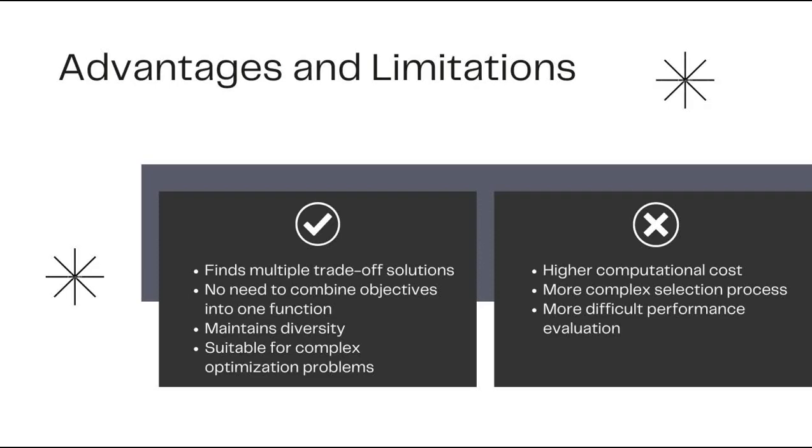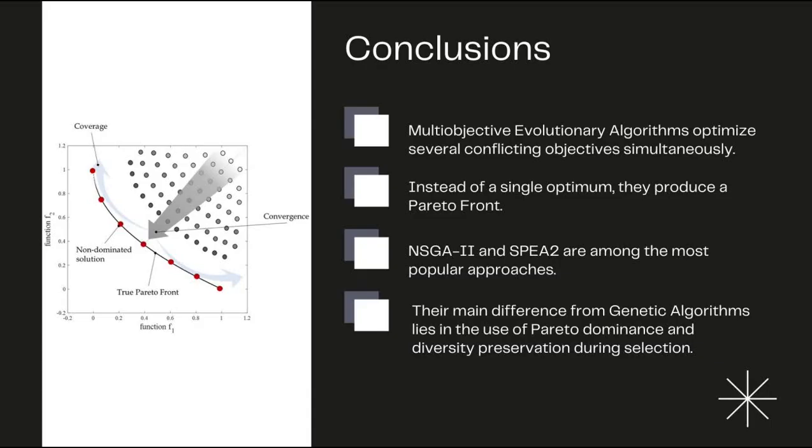In conclusion, these tools are powerful for solving problems with multiple conflicting objectives. Instead of producing a single optimal solution, they generate a Pareto front that allows different alternatives to be analyzed. This is useful because many real world decisions require balancing cost, quality, performance, efficiency, risk, and other criteria.